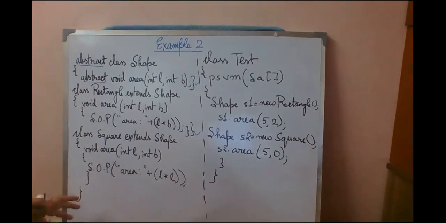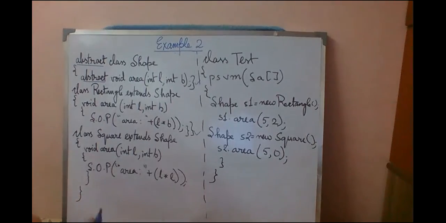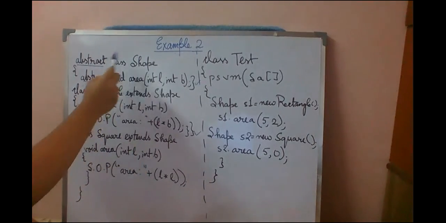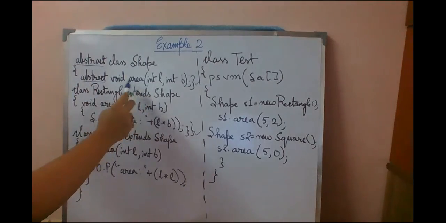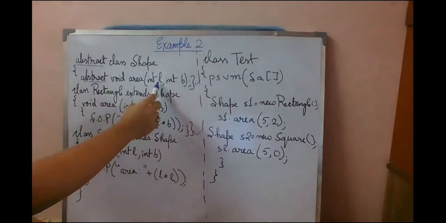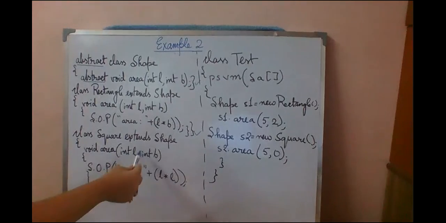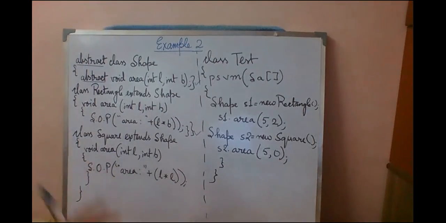All we need is a length, but still we have to give this breadth parameter, because in the abstract method area, we have int L and int B. So int B, though it is not useful, we still have to mention it. Had it been method overloading, we could have omitted int B because we can change the list of parameters. But in method overriding, we cannot change the list of parameters.